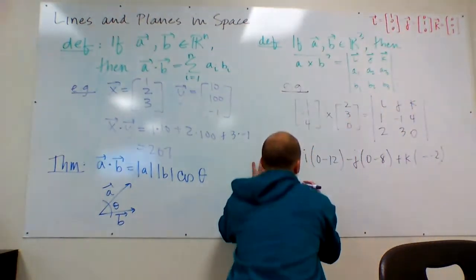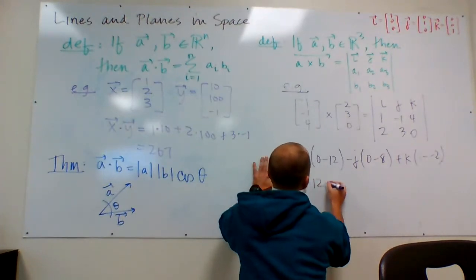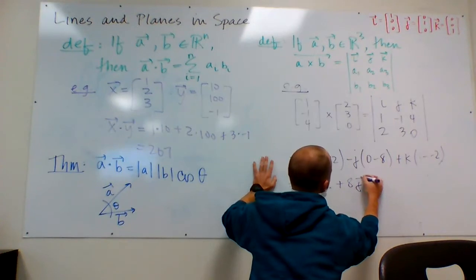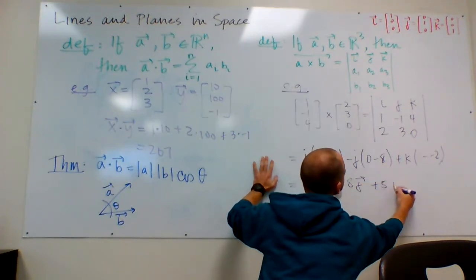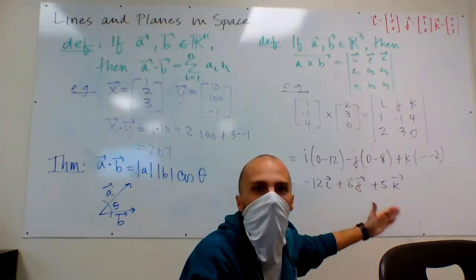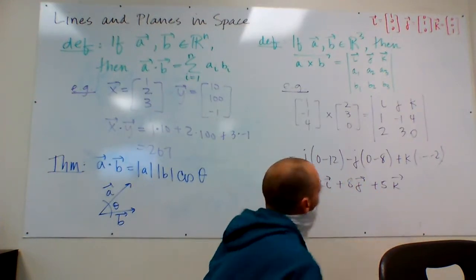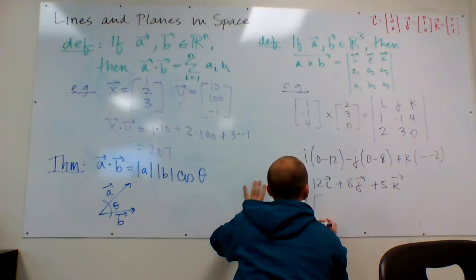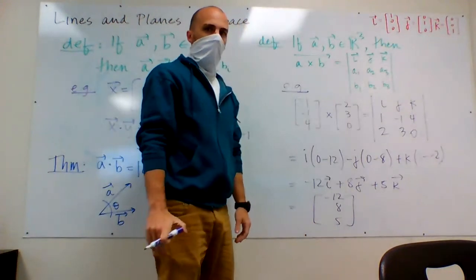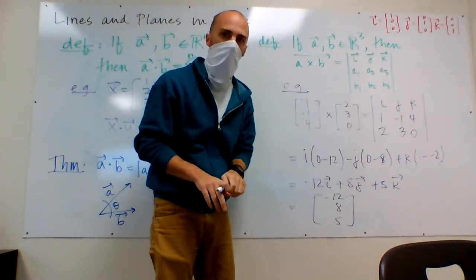Okay, and this is a very physics way to write a vector. It's kind of just a lot for me to write down, so I might just abbreviate that as -12, 8, 5. That's how we take the cross product.